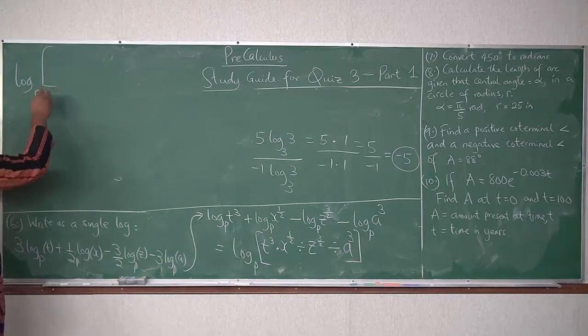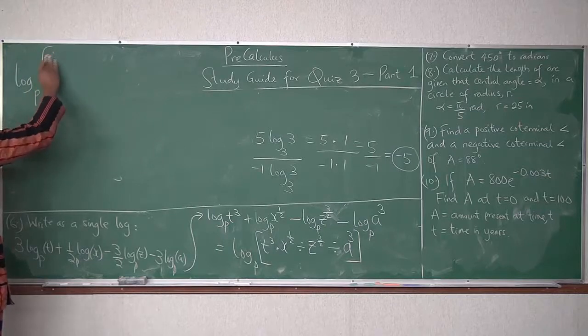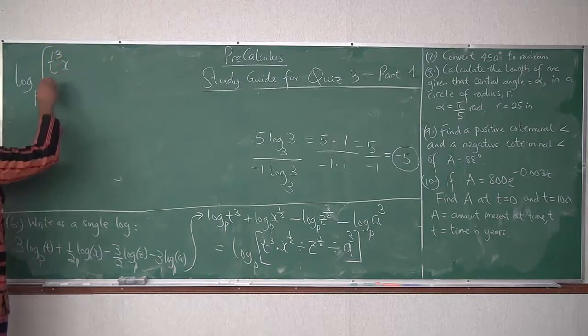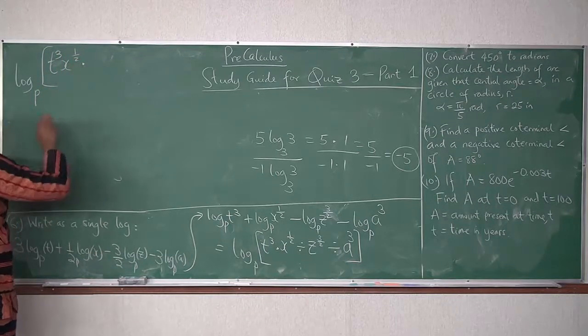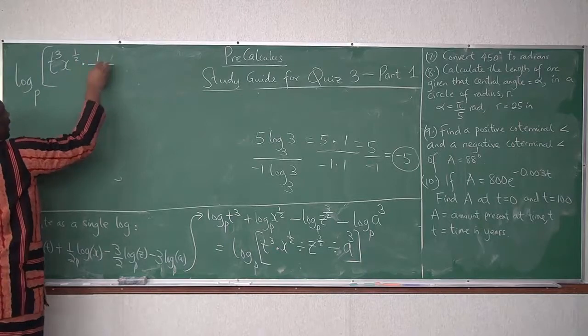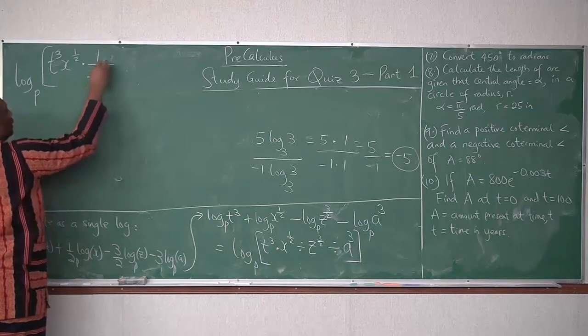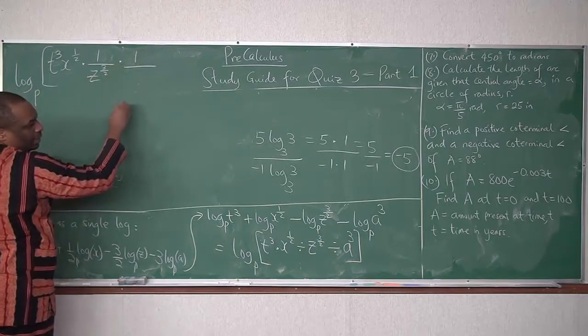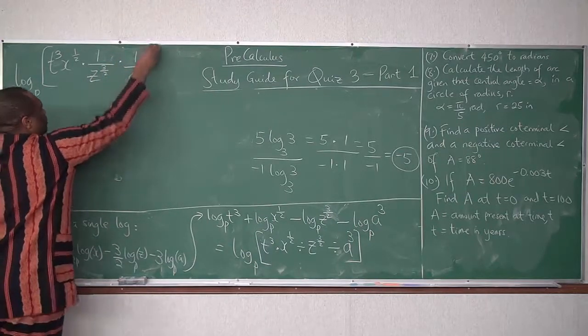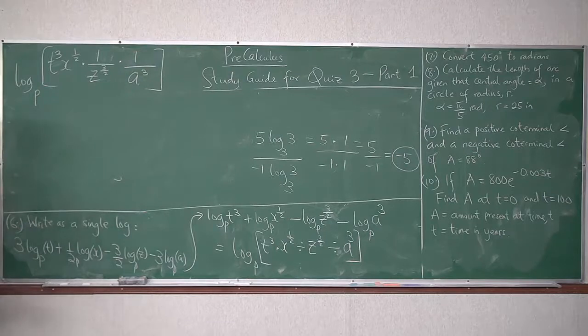We'll do it one at a time. This means t cube x to the 1 over 2 times 1 over z to the 3 over 2 times 1 over a cube. You see that?